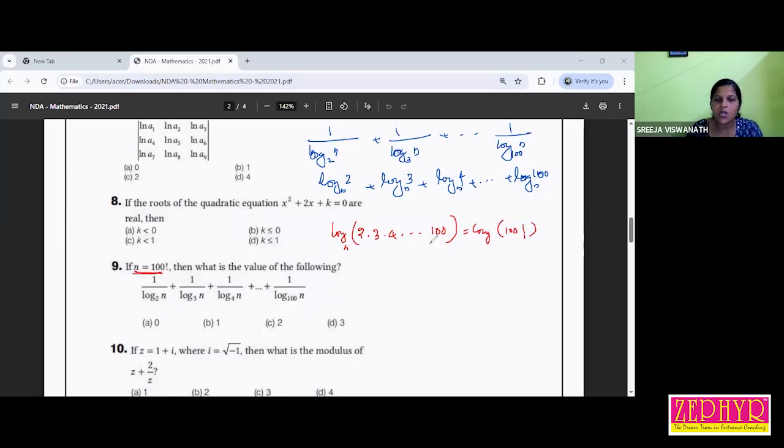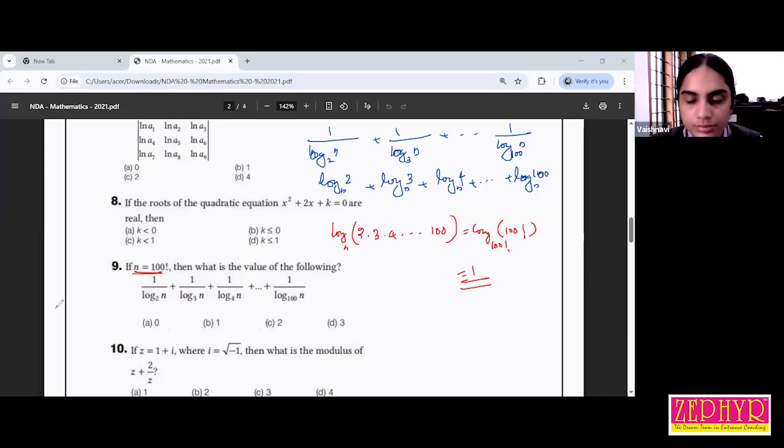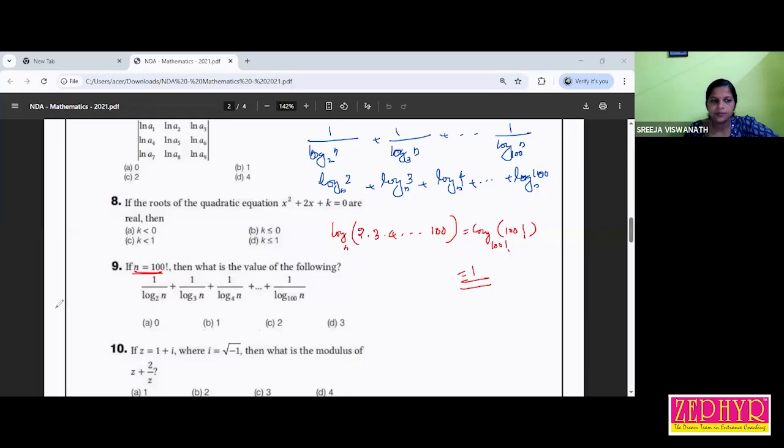Given that n is also 100 factorial. So base is also same. If the base and the number are same, answer 1. Okay. Clear? Yes, miss. So the next question.